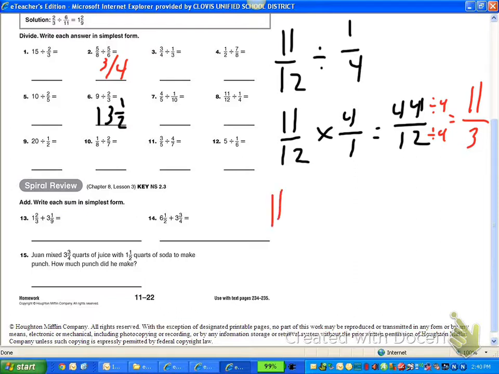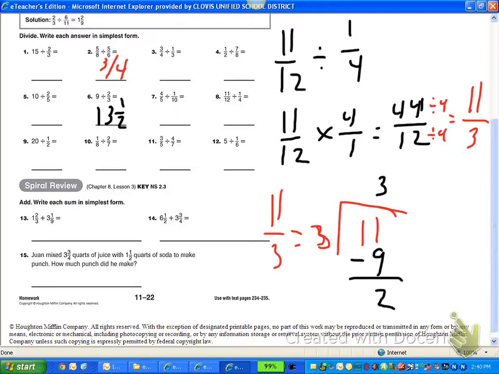So now I'm going to take my improper fraction and change it to a mixed number. 3 into 11 goes 3. 11 minus 9 is 2. So 2 is my remainder, so it becomes my numerator, and the denominator stays the same. So number 8 is 3 2/3.